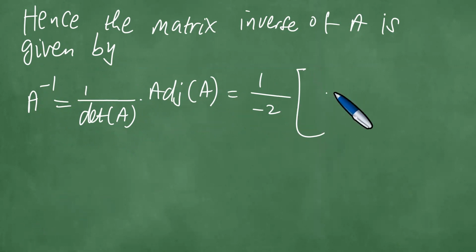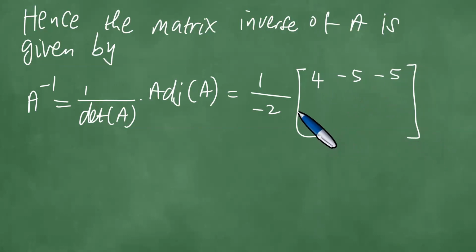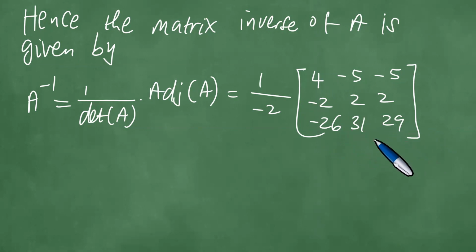We've got it. So here you have 4, minus 5, minus 5, minus 2, 2, 2, minus 26, 31, 29. Okay, so this is what we get.